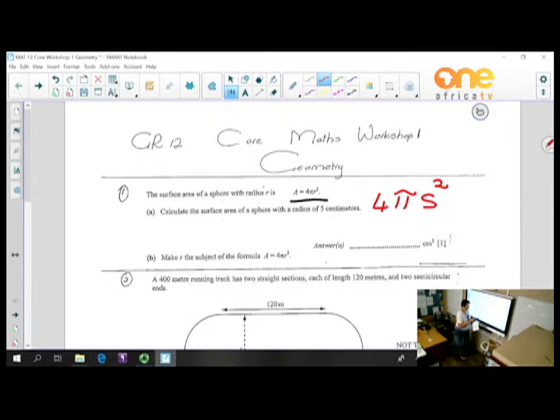So it is 5 squared times, and at the bottom of your calculator you will see that symbol, but we need to use shift pi, and then times 4 is equal to 314. You can give it in terms of pi, but you can multiply it out also.